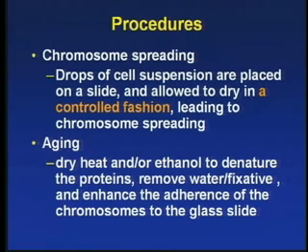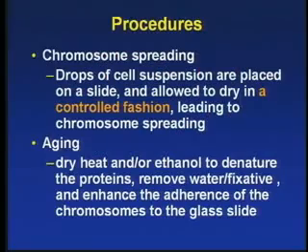If you couldn't get a chromosome spread, you're not going to get anything out of it. Basically, a drop of cell suspension is placed on a slide and allowed to dry in a controlled fashion. The controlled fashion is very critical. If you don't do it correctly, you're not going to get the chromosome spread on the slide.